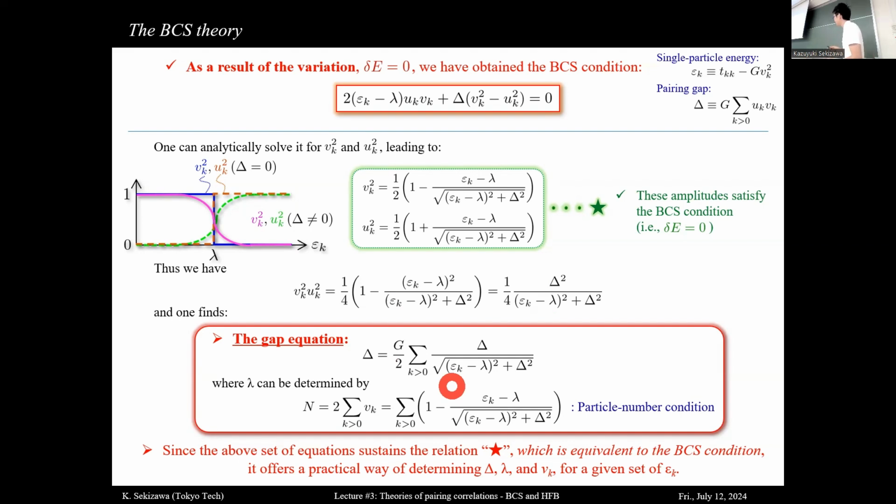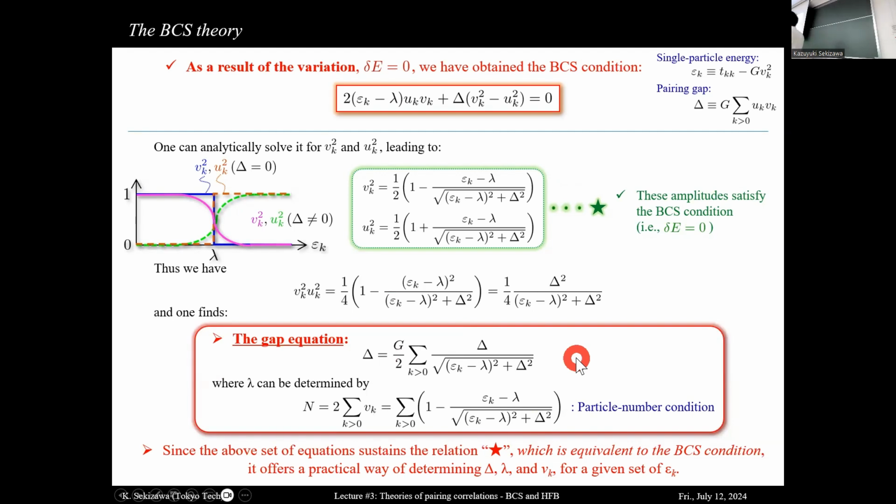The important fact is that to derive this equation, we use these equations for U and V, and remember that these equations were derived by the variation principle. So this solution is a result of variation, and using the conclusion of the variation, we can get this equation. This solution of the gap equation automatically satisfies the variation condition here and here.